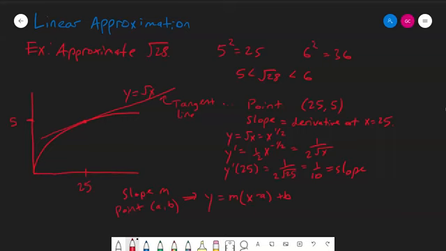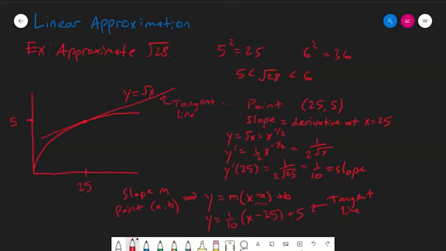The difference is that the point, if it's not a y-intercept on the y-axis, but is somewhere over here at a different x value, well, you just need an extra minus a. So in our case, that line looks like y equals 1/10 of the quantity x minus 25, all plus 5. And you could simplify that, but maybe let's not. Let's just keep it like that. So there's my tangent line.